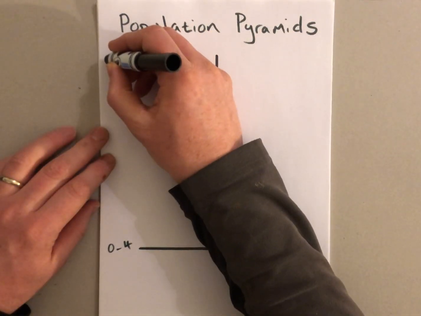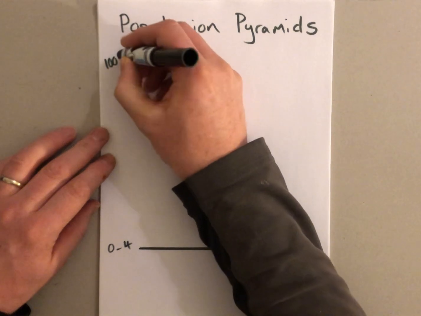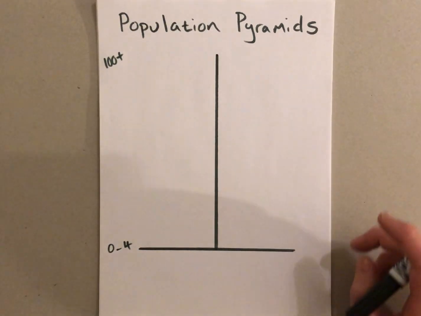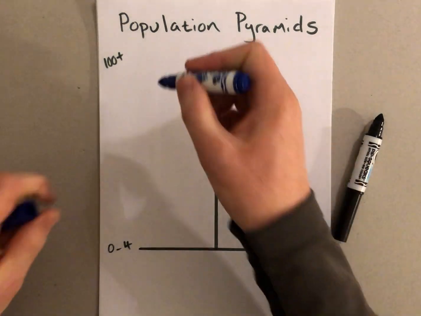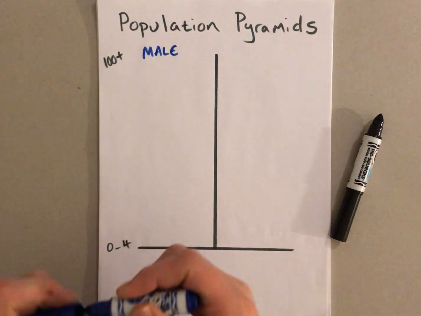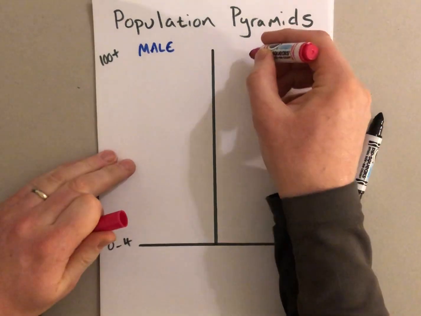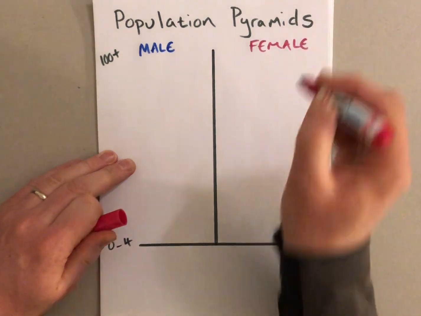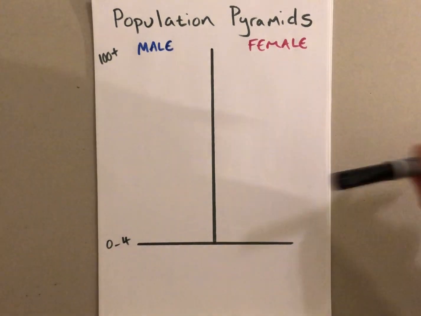So we'll go up to 100 plus years up the side. They are then split into our male and female populations.